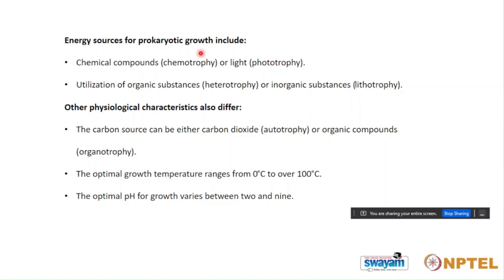If an organism is using inorganic substances, we call it lithotrophic. So based on the source, we can classify organisms into chemotrophic, phototrophic, heterotrophic, or lithotrophic. In prokaryotic growth, other physiological characteristics are also involved.